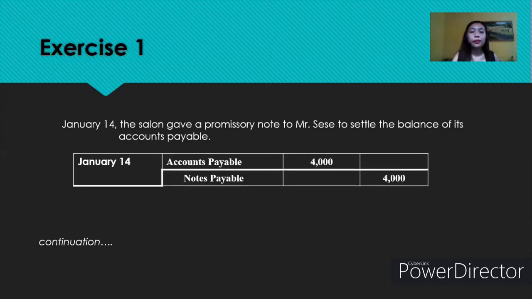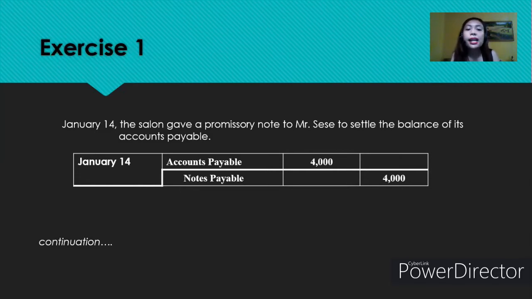Next, on January 14, the salon gave a promissory note to Mr. Sese because you want to settle the account, but then again, you issue a promissory note. So definitely, you're going to decrease the accounts payable worth 4,000, so debit it. But because you issue a promissory note, we call it notes payable. So the notes payable will increase and you have to place it on the credit side.